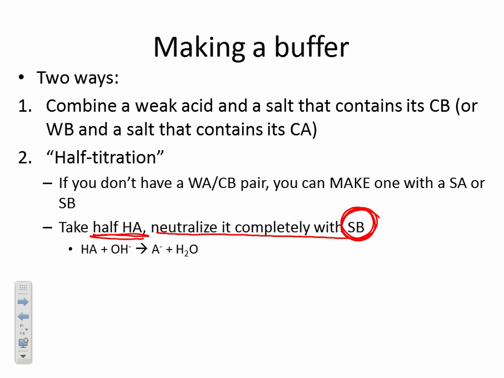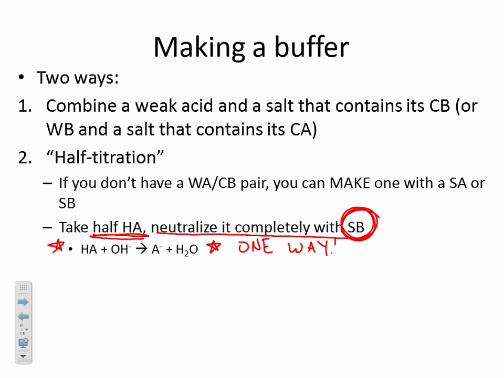The reason we're reacting it with a strong base is because then we get this reaction to occur. HA plus OH minus, that's the strong base, makes A minus plus H2O. This reaction is one way. It is not reversible. It goes until something is completely used up. So you want to be careful there and use up both your HA and your OH minus.